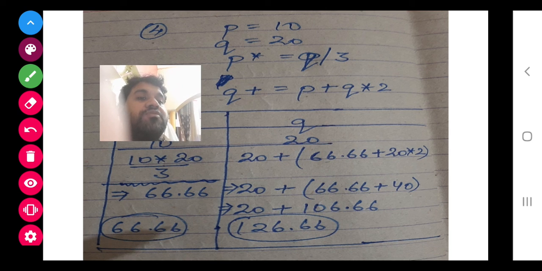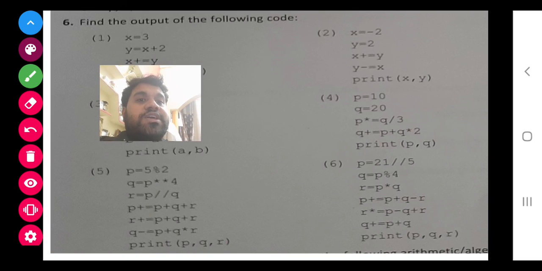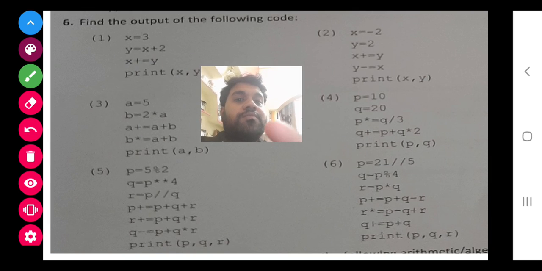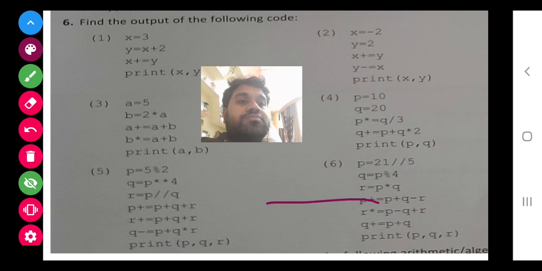So finally you have to solve the bracket and you will get this answer. So finally, if we give the print, then the value of p will come 66.66 and the value of q will come 126.66.